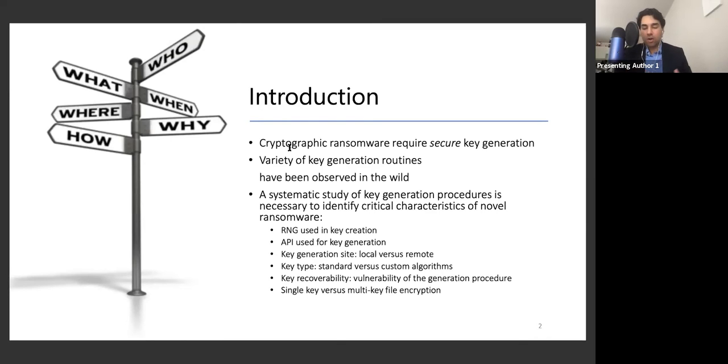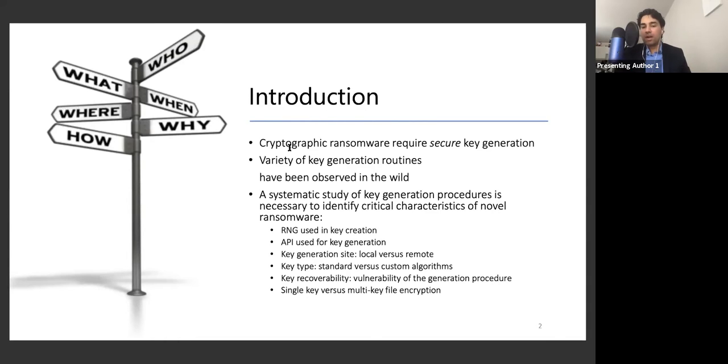However, it's not always easy because as you can imagine, we have to disassemble the ransomware depending on what kind of language it was written in. We have to study the binary, and we have to answer certain important questions. So in this talk, we're highlighting some of those questions as well.